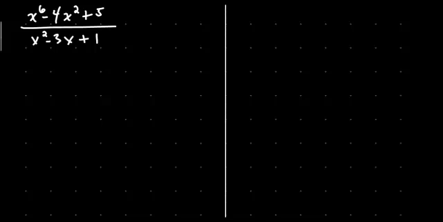Let's see. Okay, so the first thing I want to do is rewrite x to the 6 equals blank times x squared minus 3x plus 1. Alright, so I need to get x to the 6 back, so it's going to be x to the 4th.